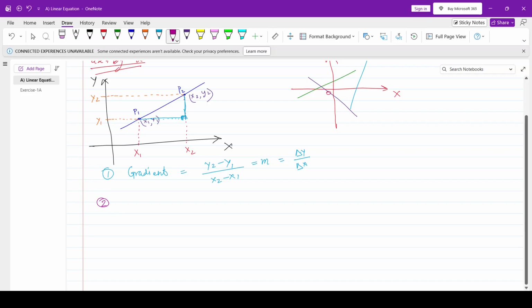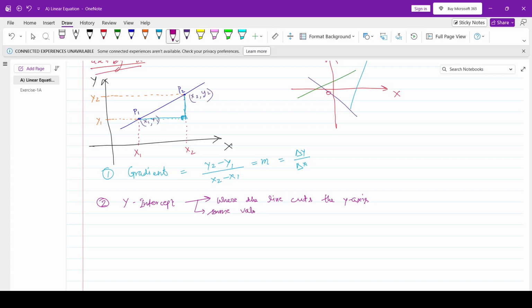Now the second property of line is y-intercept. Y-intercept means where the line cuts the y-axis, meaning there is some value of y at x is equal to 0.